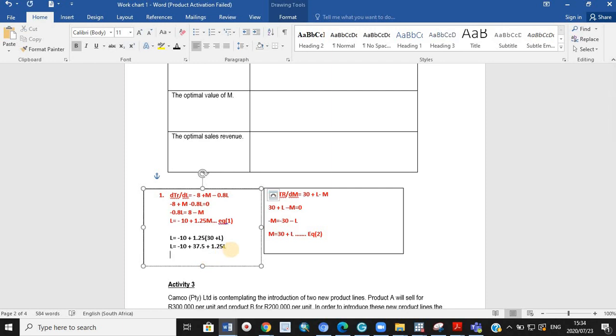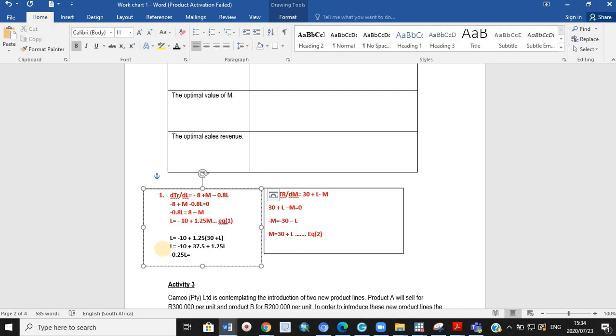So if we bring this side, it is going to be equal to: 1 minus 1.25, which is minus 0.25. Minus 0.25L is going to be equal to 27.5.